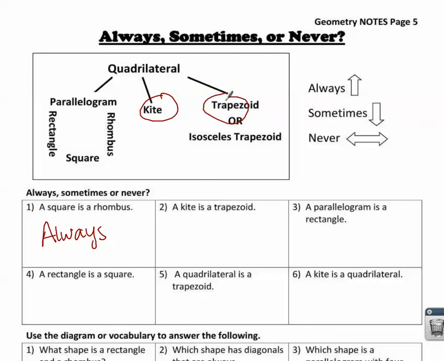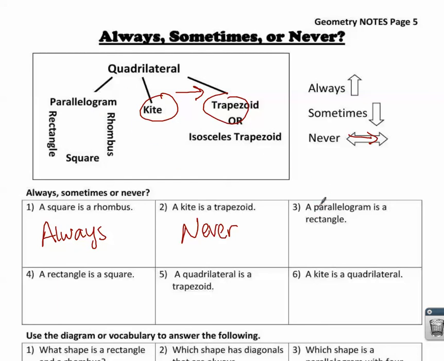So here's a kite, here's a trapezoid. I am going in a right direction. Well, right is never. This means that a kite can never be a trapezoid, where in the first example, a square is a rhombus. A square has all the properties of a rhombus, so a square can be always a rhombus.